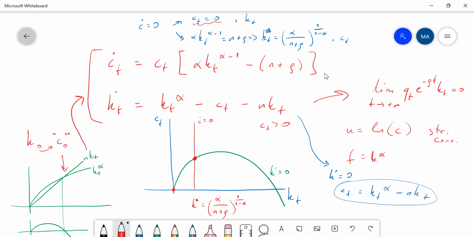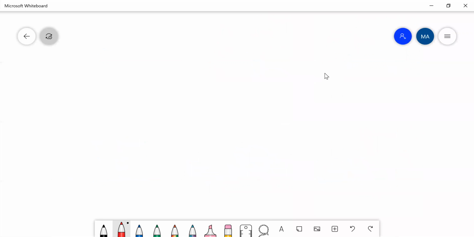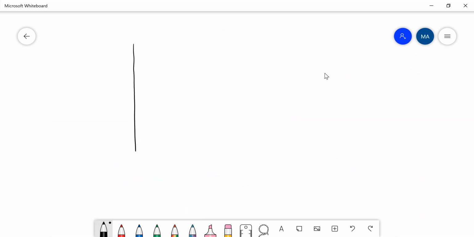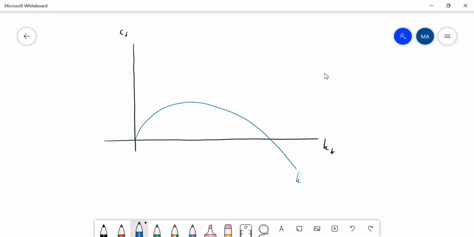So, again, let's look at it once again. There is a K dot locus. There is a C dot locus.